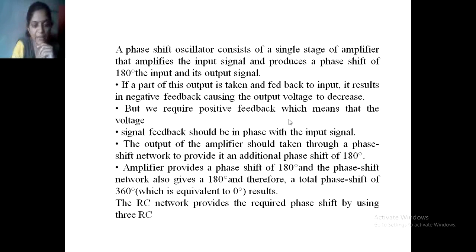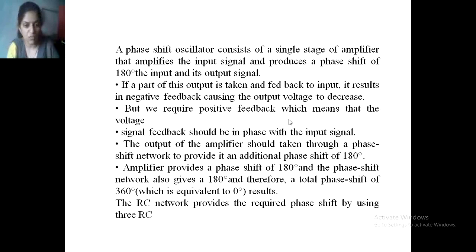So the amplifier provides a phase shift of 180 degrees and the phase shift network also gives 180 degrees, and therefore a total phase shift of 360 degrees results, which is equivalent to 0 degree phase shift.